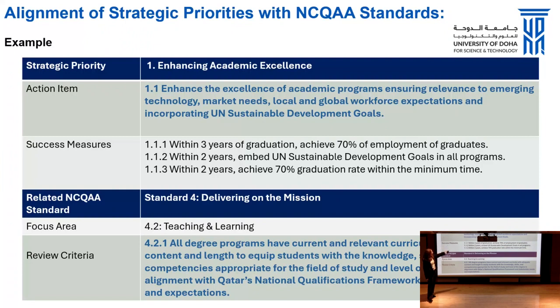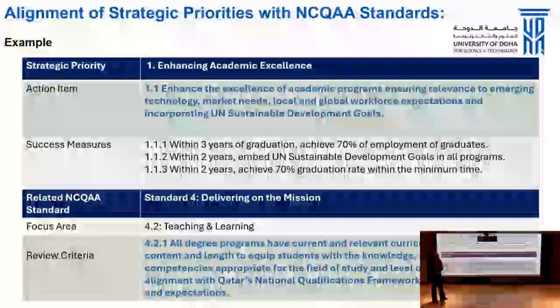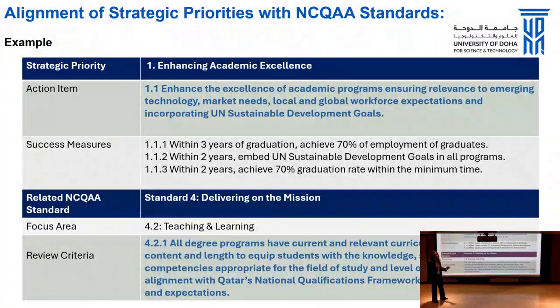But also, when we're talking about graduation, achieving employment, these KPIs right here are also really talking about the relevance of our curricula and how this curricula is adequate in length for the students to be able to then achieve 70% employment rates. So there is a connection, and that's the kind of alignment that we're doing when we're responding to these review criteria.